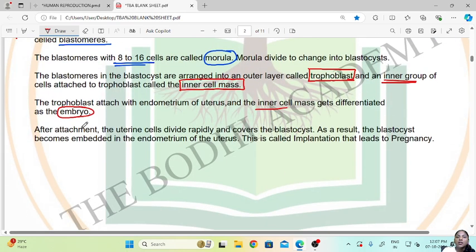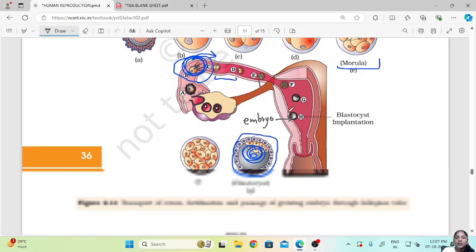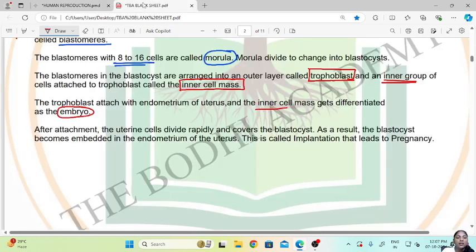After the attachment, the uterine cells divide rapidly and cover the blastocyst. So what will happen after this attachment? These uterine cells will divide rapidly and cover the blastocyst so that it becomes completely embedded in this layer.